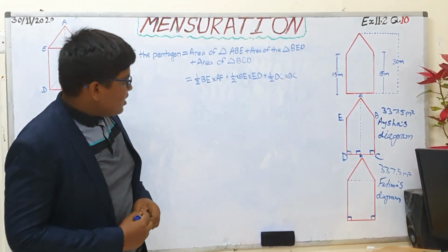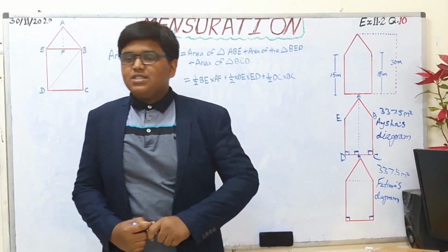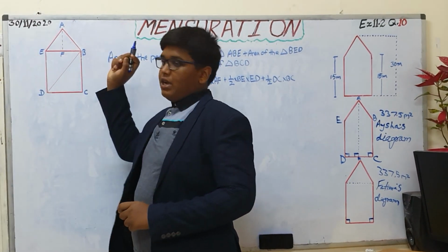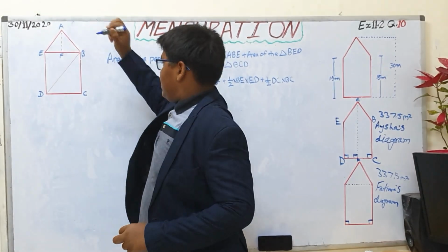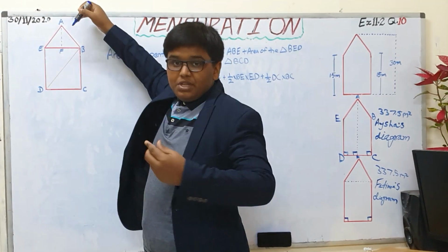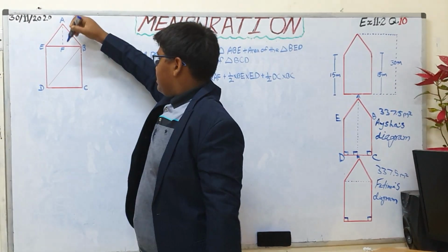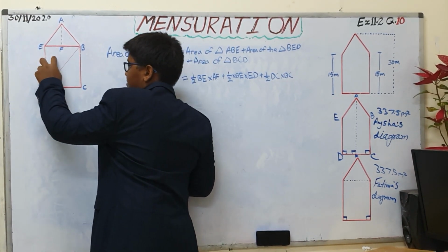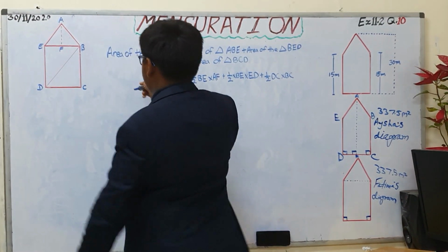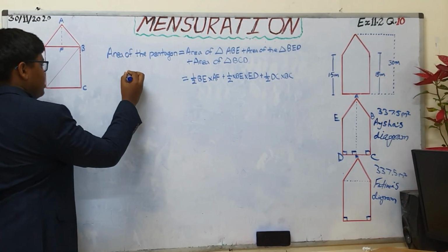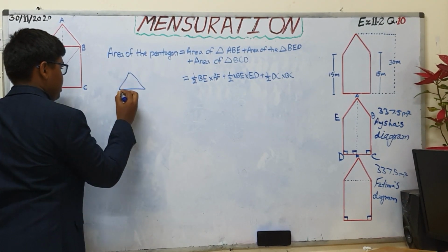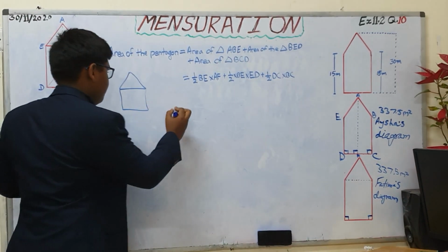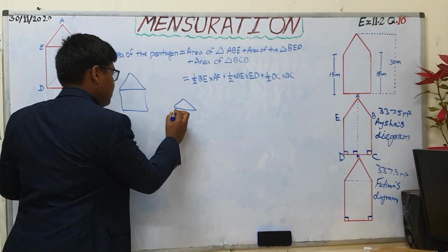So let's start. In this shape we have transformed it into three triangles. One triangle this, one triangle this one, and this one. I will show you how. Now this is the shape. We have divided the upper one from here.